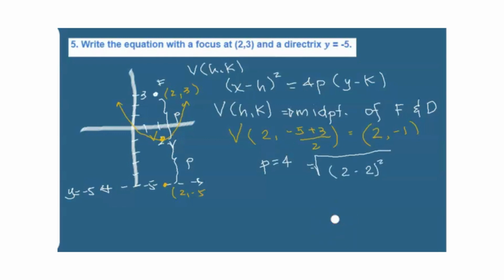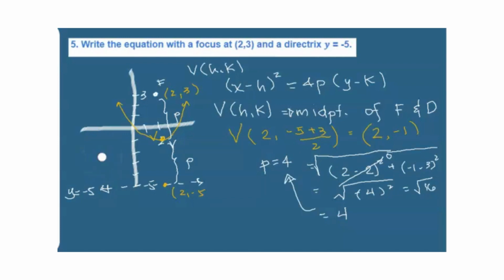The distance between the focus and the vertex is the square root of (2 minus 2) squared plus (-1 minus 3) squared. So this is 0, and -1 minus 3 is -4 squared, which is 16. The square root of 16 is 4. So that's the distance, and that's our p.